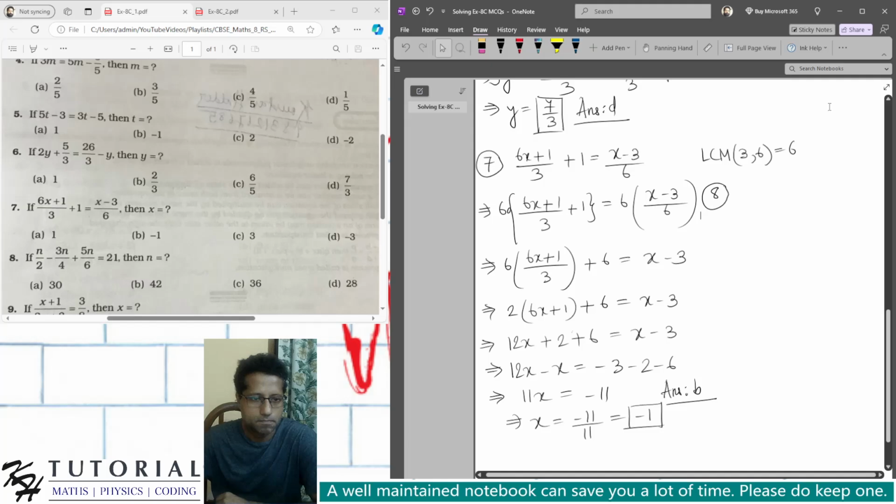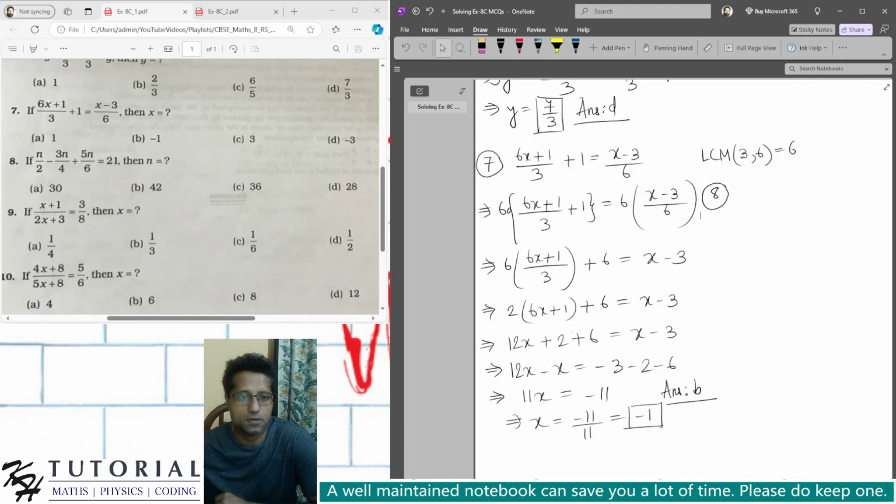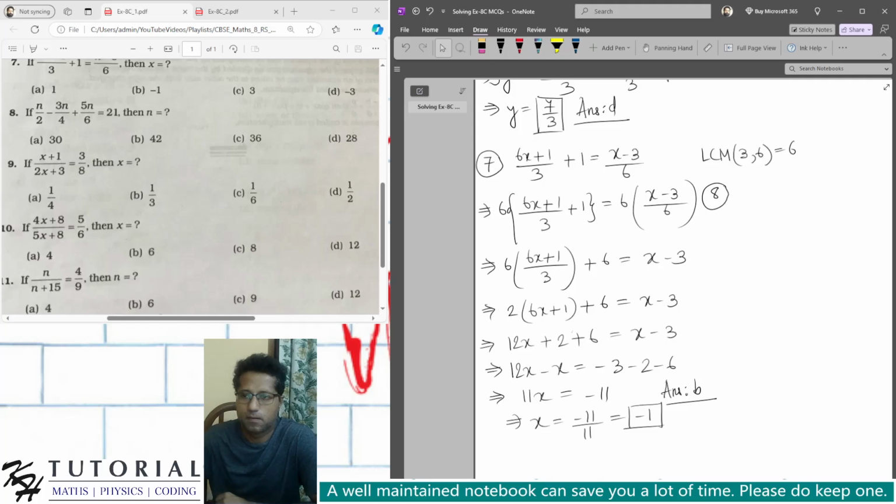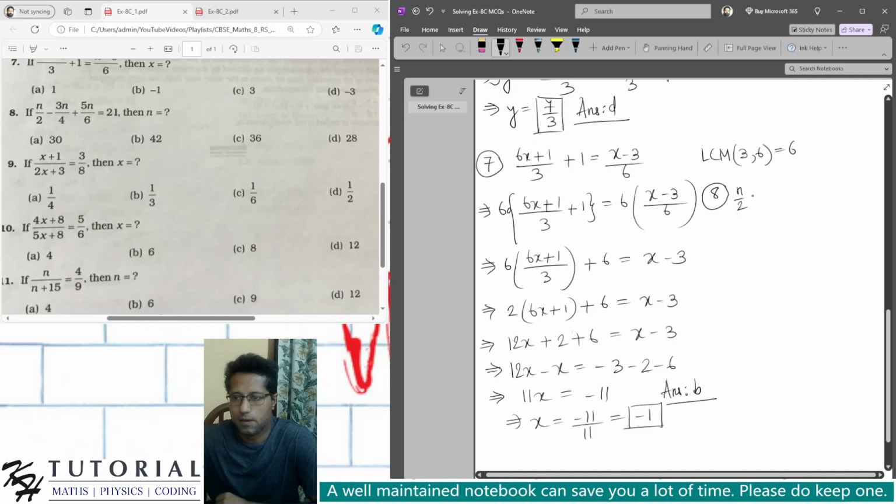Problem number 8. The question is n by 2 minus 3n by 4 plus 5n by 6 is equal to 21.